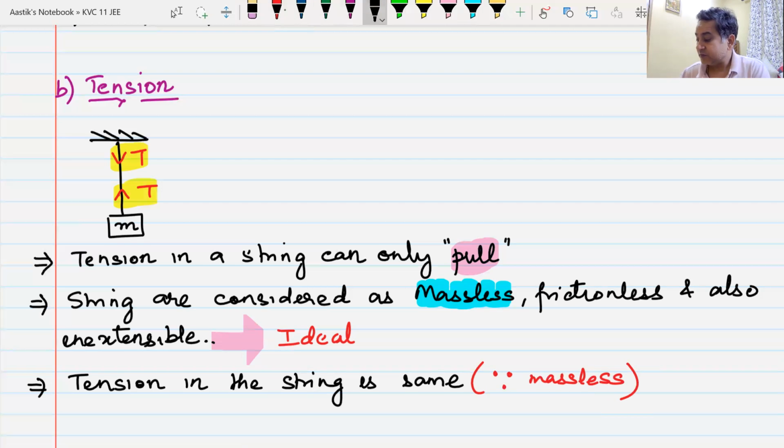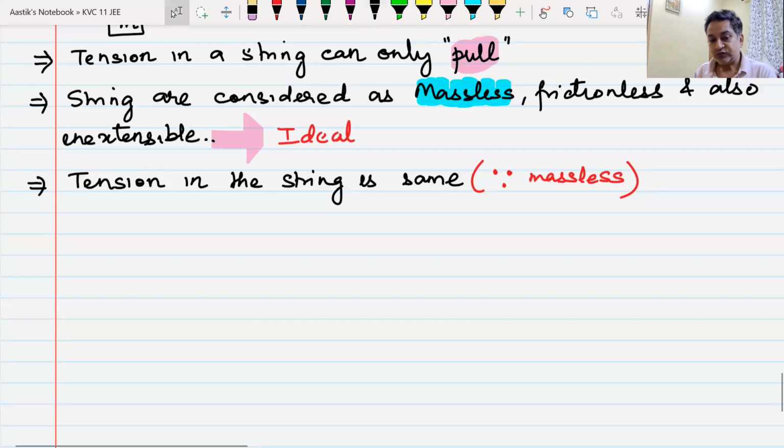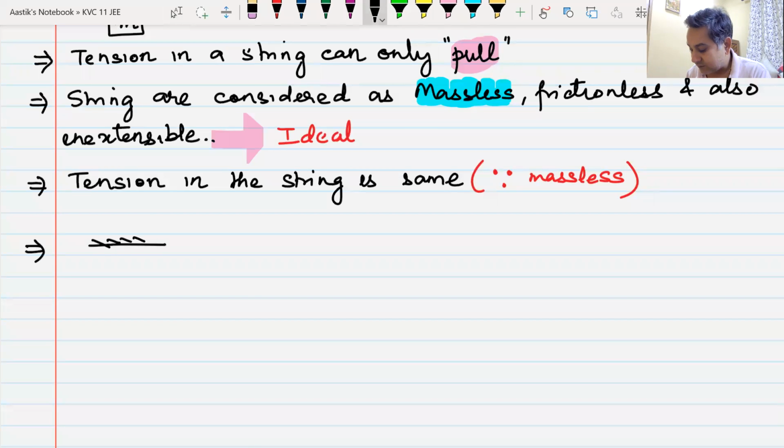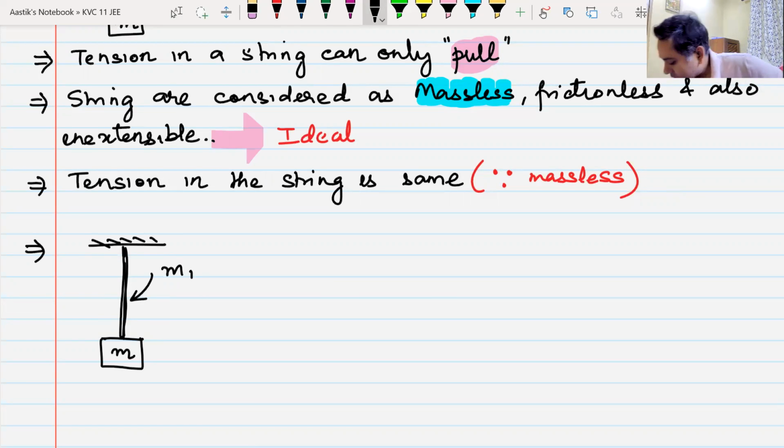Suppose I make a string. Suppose I draw a diagram like this. And now I have a string which has a mass m1.